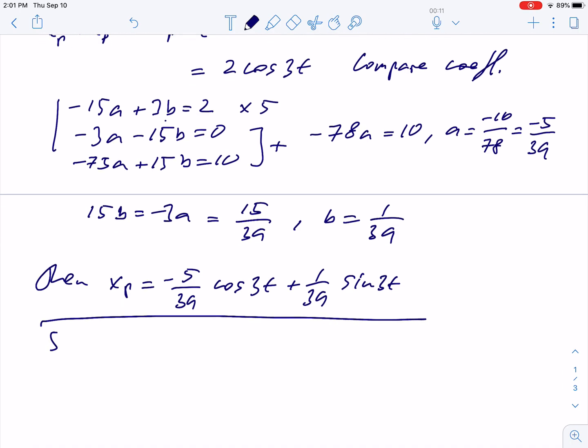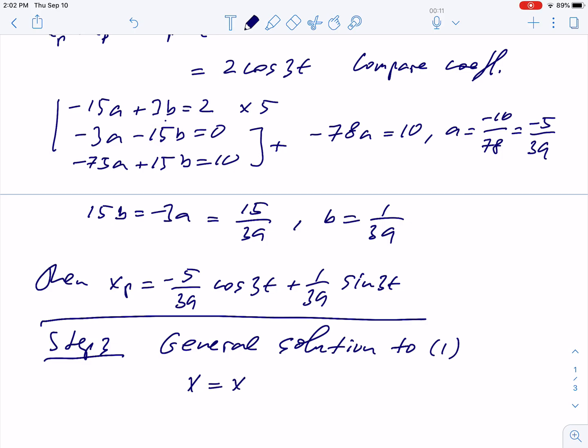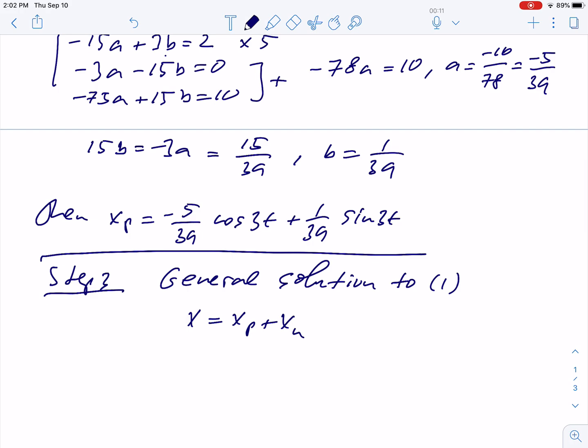We're going to step 3. We have to find the general solution to the non-homogeneous equation 1. So it's always written this way, xp plus xh, adding the particular solution plus the general solution of the homogeneous.